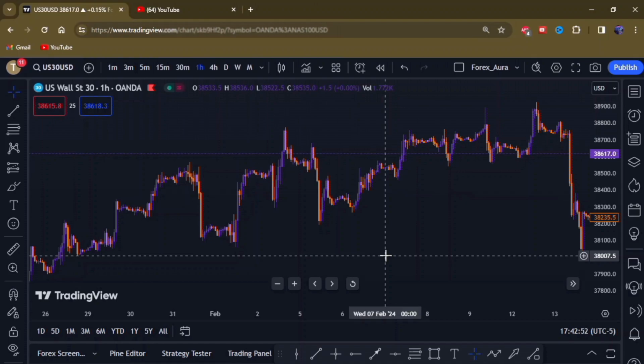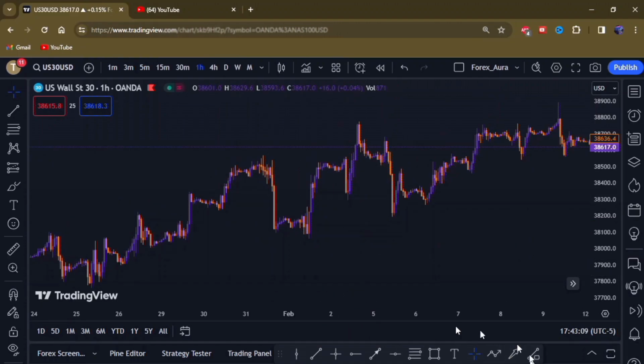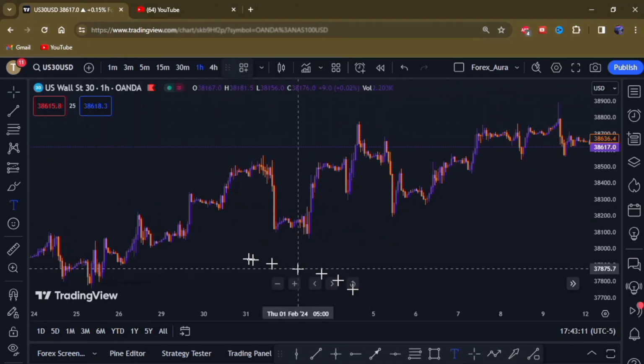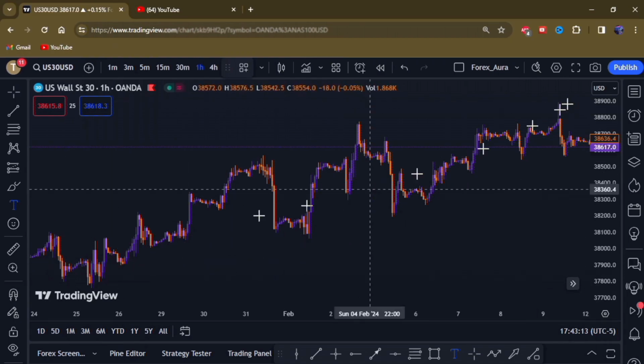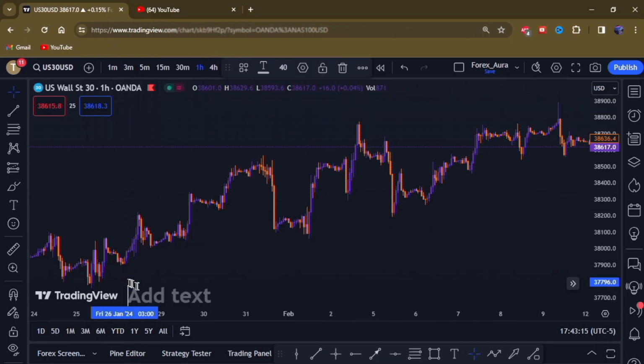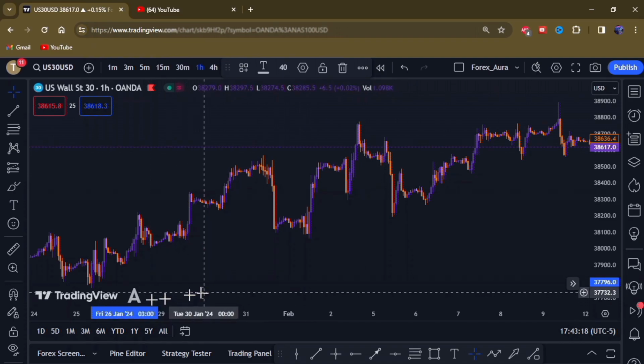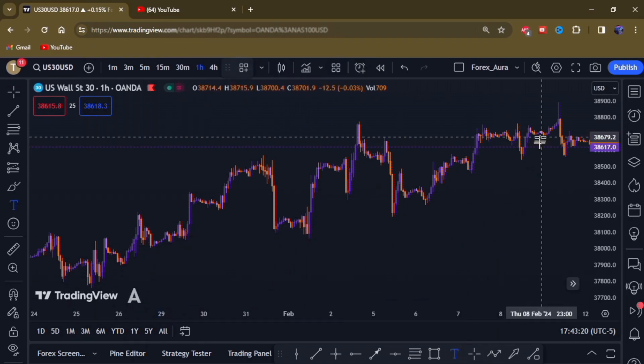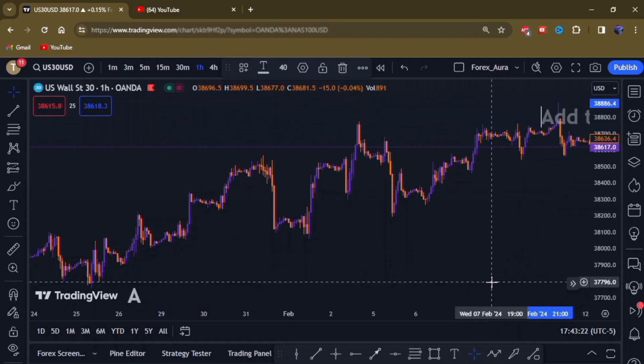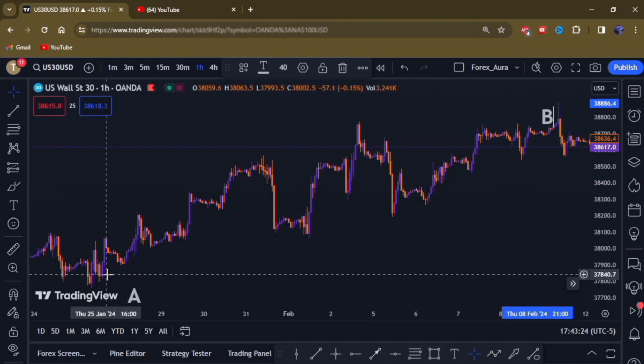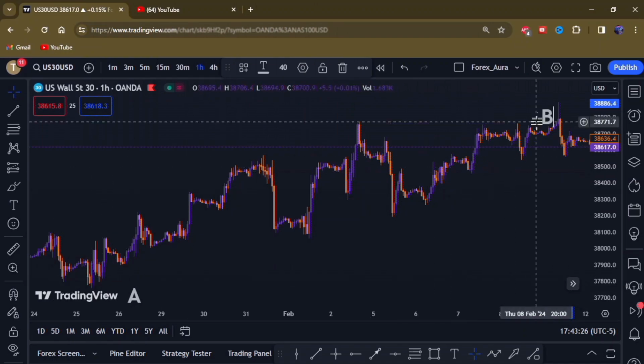Let me make an example using the break in market structure and trend change. As you can see, the market moved from this point to that point. Let's label this point A and let's label this point B. You'll be like, okay, the market moved from here to here.